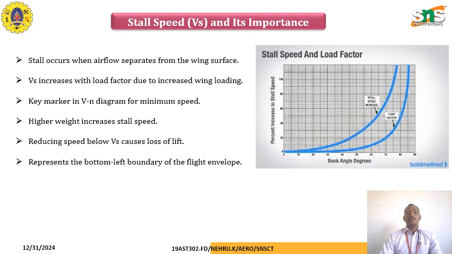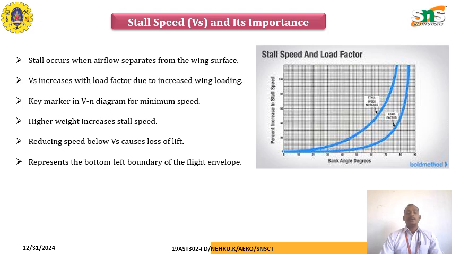Now, stall speed versus load factor and its importance. Stall occurs when airflow separates from the wing surface, and the stall speed increases with load factor due to the increase of wing loading.